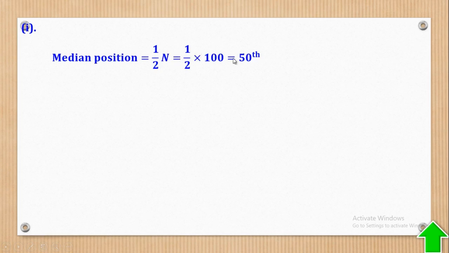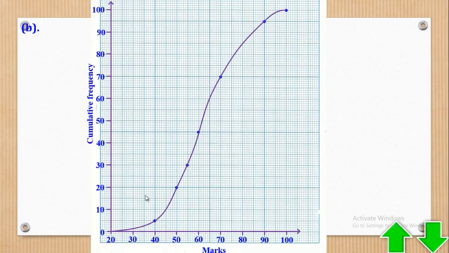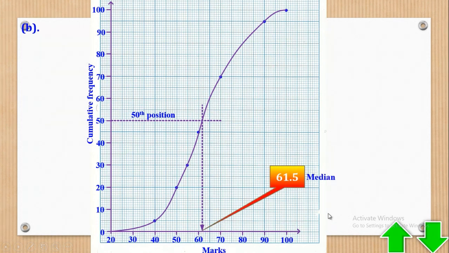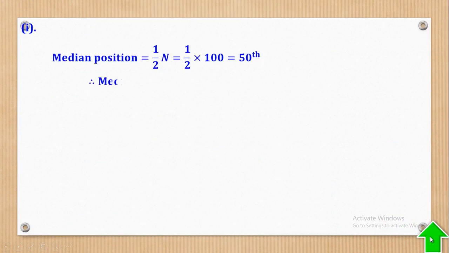N is total frequency, so which is the 50th. Therefore, I'll come here and look for 50, draw a horizontal line on 50 where it meets the curve, take it downwards to meet this point, then read off that value, and that will be your median. So we conclude that the median is 61.5.